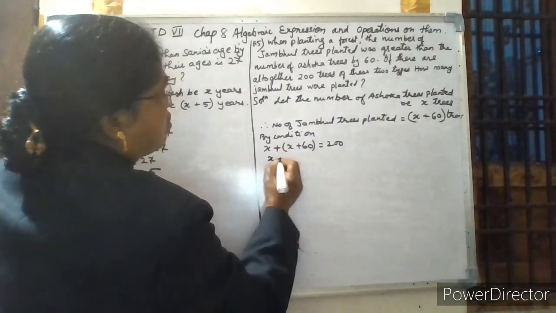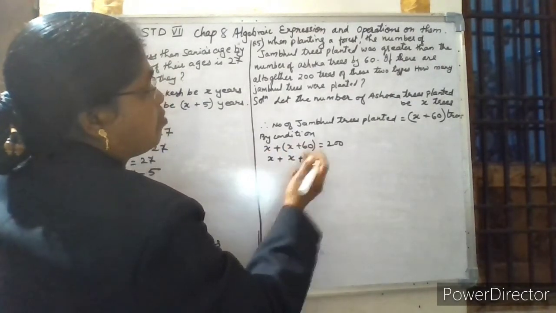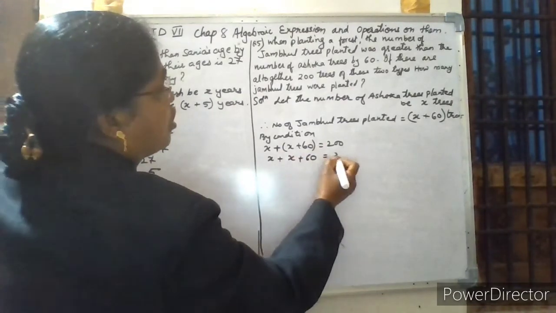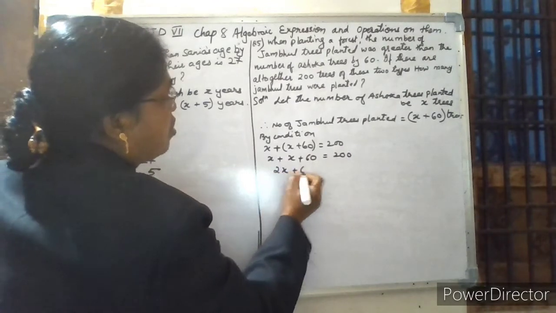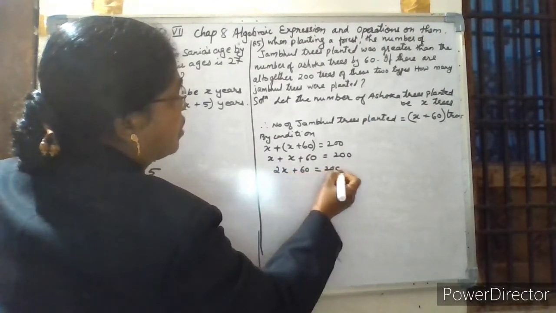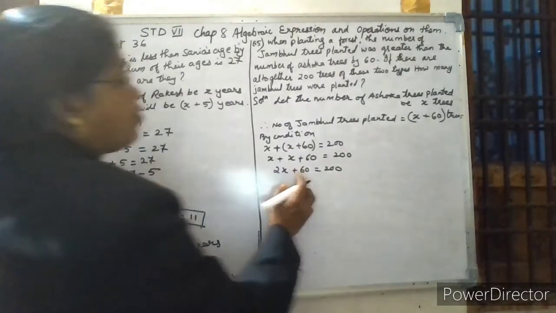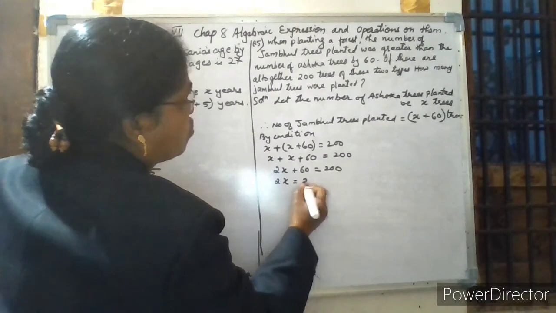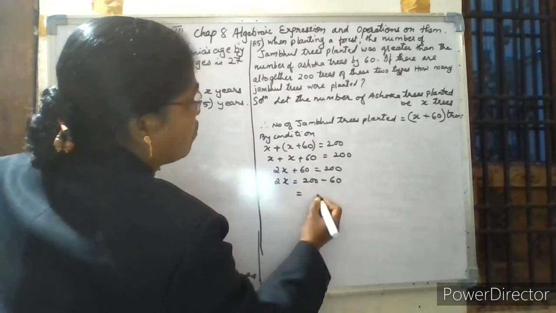X plus, as the plus sign is outside the bracket, the bracket will be the same as it is, only the bracket goes, equal to 200. X plus X is 2X plus 60 equal to 200. As we solved the previous question, it is the same. You transfer 60 to that side, 2X is equal to 200 minus this 60. So we are left with 140.